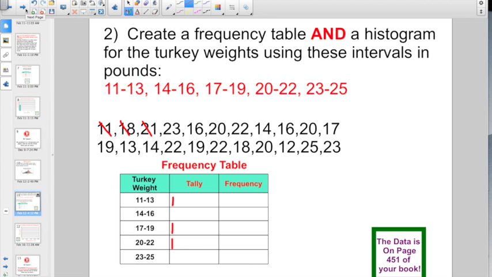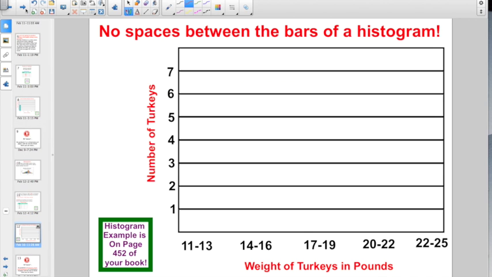Once your frequency table is all done, then we're going to make a histogram, right? You have a histogram example on page 452 of your book. Remember, no spaces between the bars of a histogram. On your data again, you make those blue lines on your paper count for you.